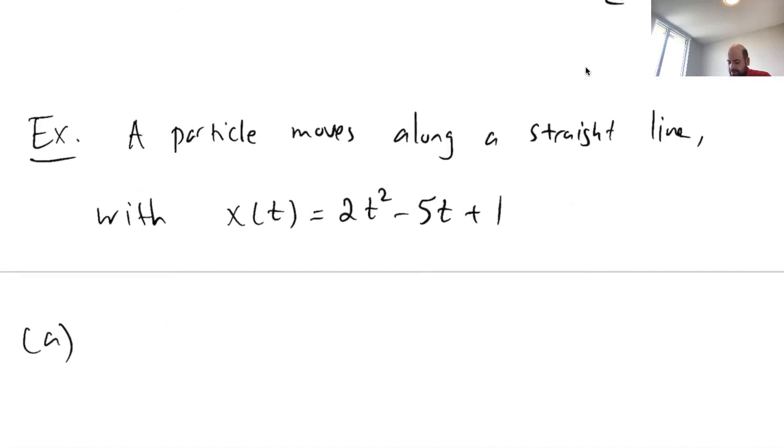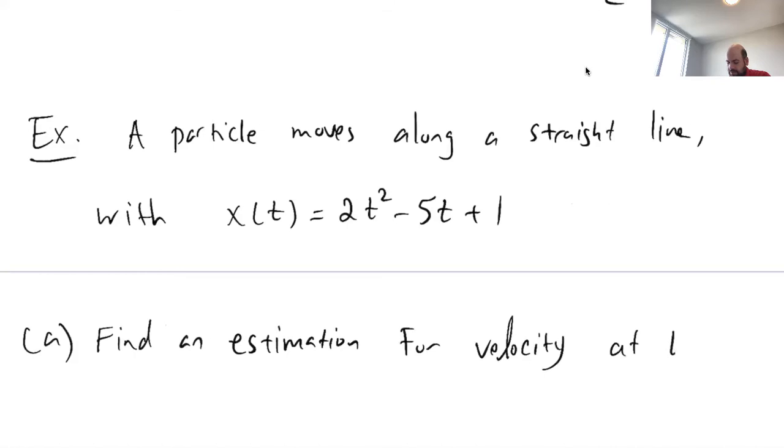Part A: find an estimation for the velocity at t equals 1 second.